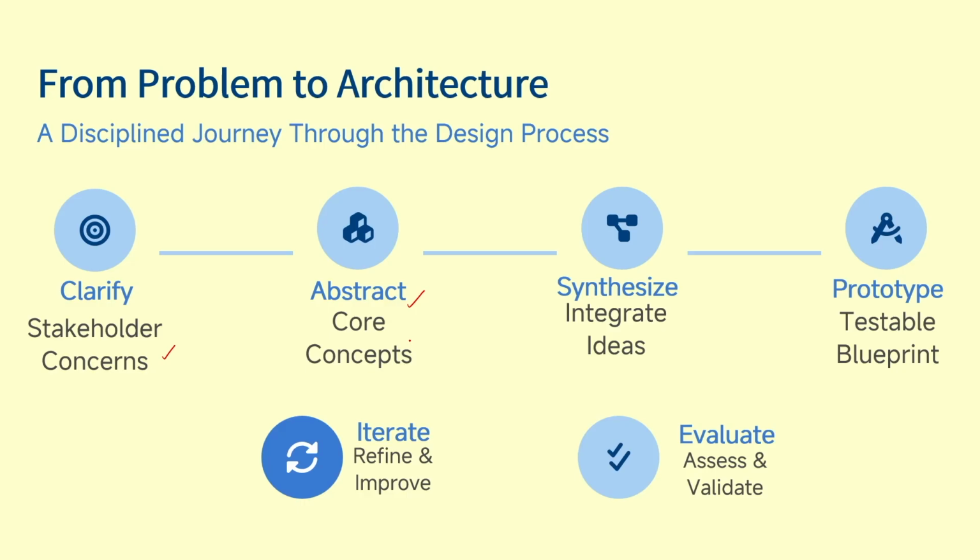Once we have an abstract idea of what needs to be done, we will try to synthesize. Synthesizing here is generating ideas to overcome the problem. We will take one concept at a time, one issue at a time, and try to generate ideas and solve them.